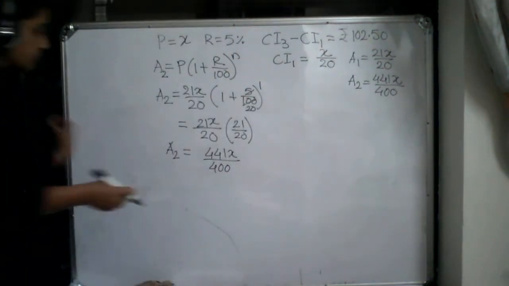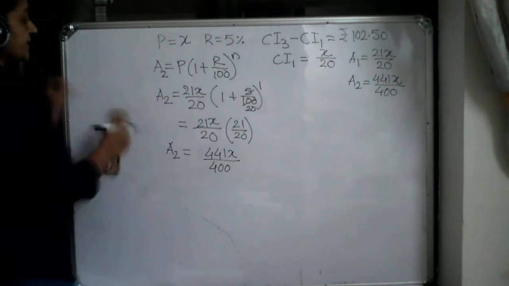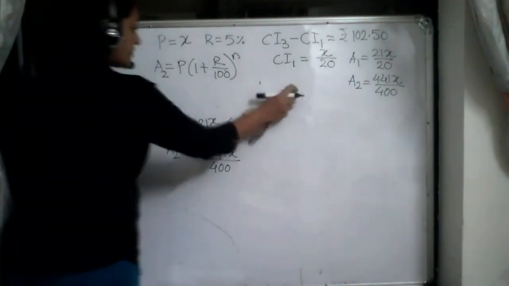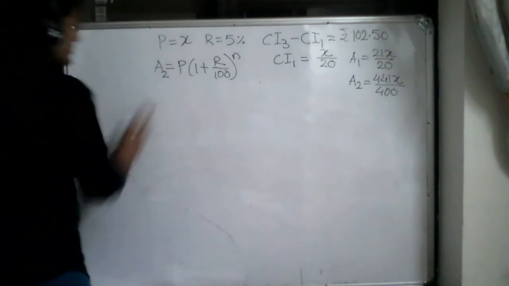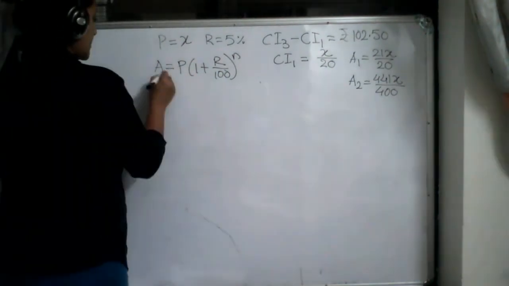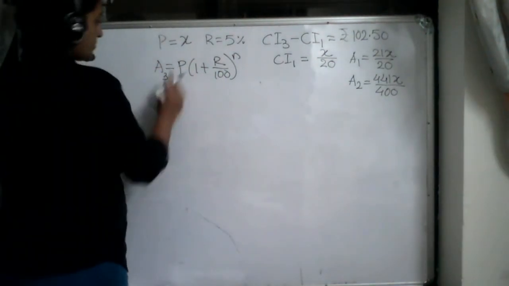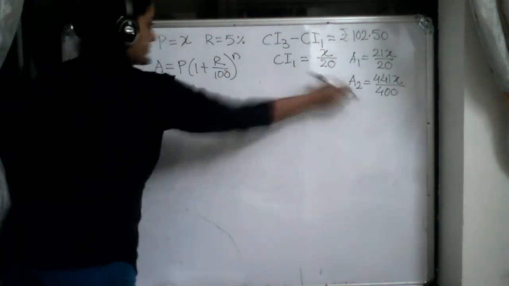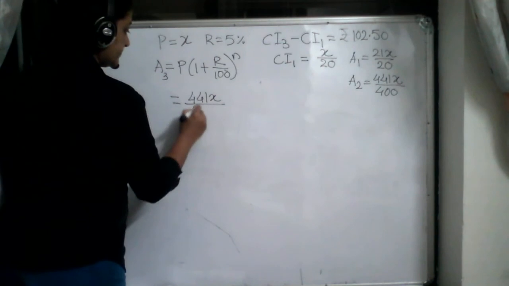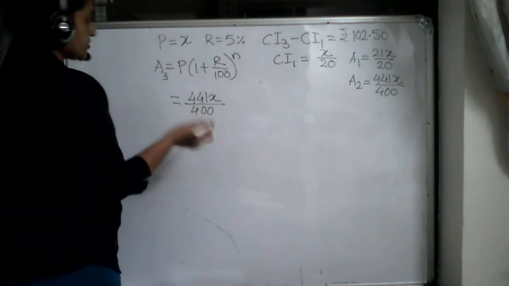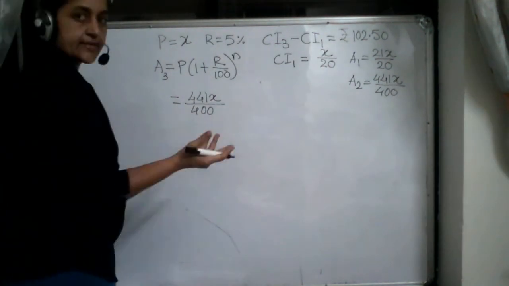Now what am I supposed to do? I'm supposed to find A3. If I find A3, I'll be able to find CI3. So what will be the principal for A3? Amount 2. The previous year's amount is going to be the principal for the next year.